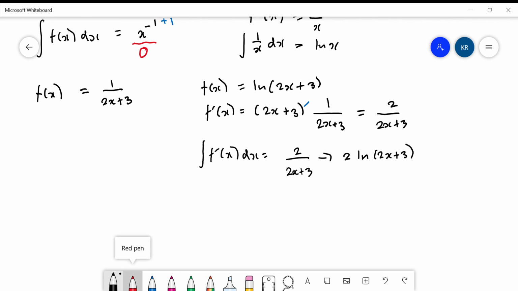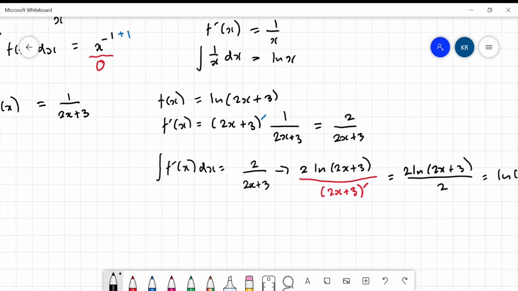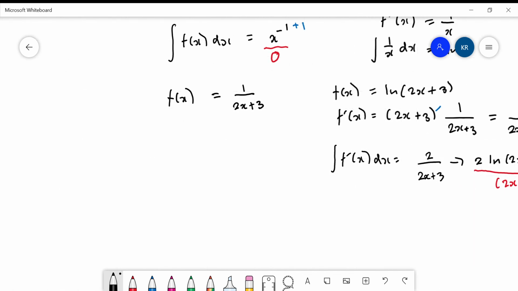And then after that, since we multiplied by the derivative of what's between the brackets when we differentiated, now we basically divide by the derivative of what's between the brackets. So if you do that, you will get 2 ln 2x plus 3 over 2, and that's ln 2x plus 3.